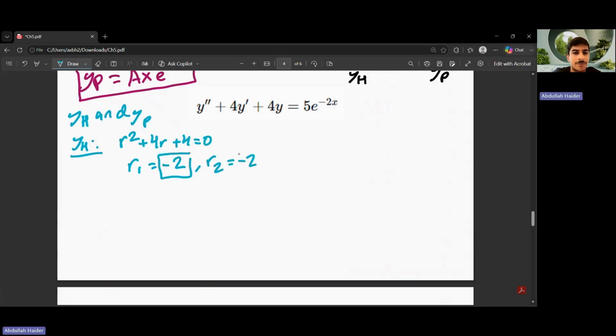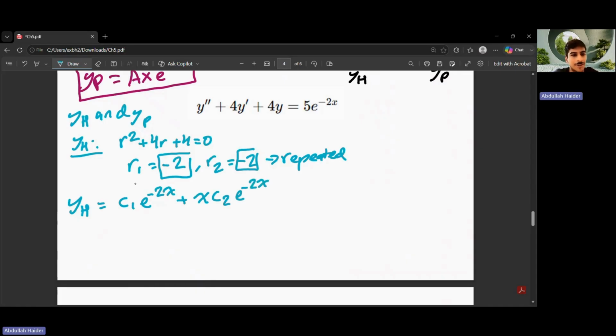Now you have -2 and -2, which is repeated. So as I discussed previously, our solution will be C1 e power -2x, but the second solution will be multiplied by x because they're repeated. So x C2 e power -2x.